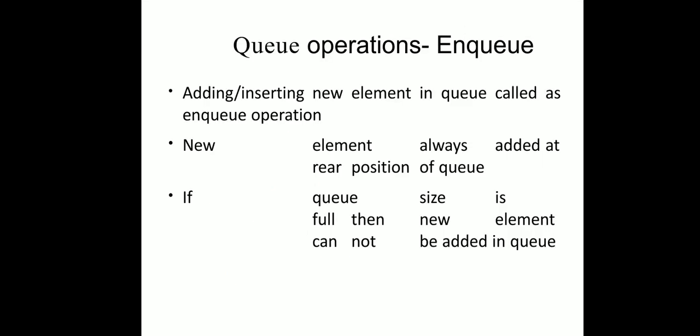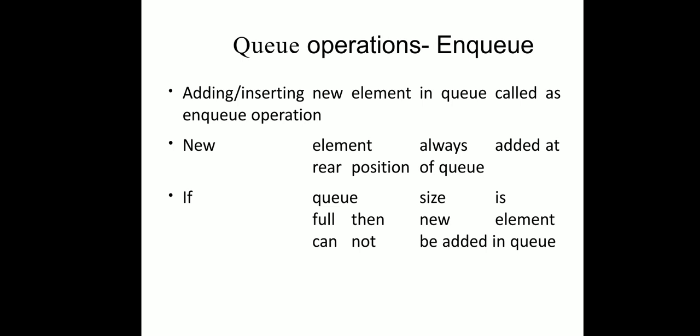So there are two operations in a queue. One is enqueue and the second one is dequeue. Like in the stack, we use push and pop. The first operation is enqueue. Now what is enqueue? Adding or inserting a new element in a queue is called enqueue. If you want to add a new element in an existing queue or in an empty queue, that kind of operation is called enqueue.